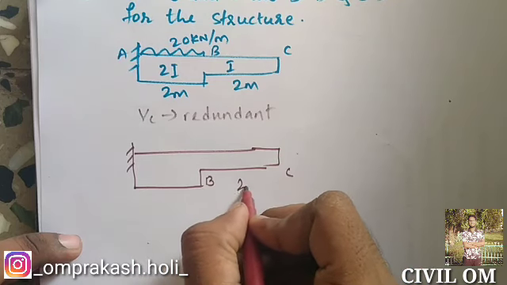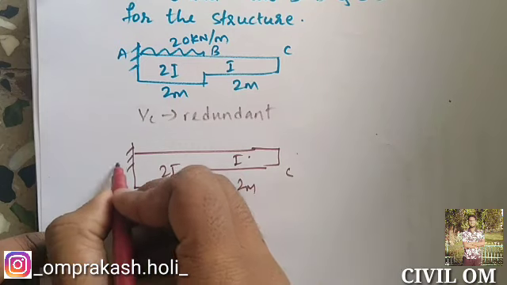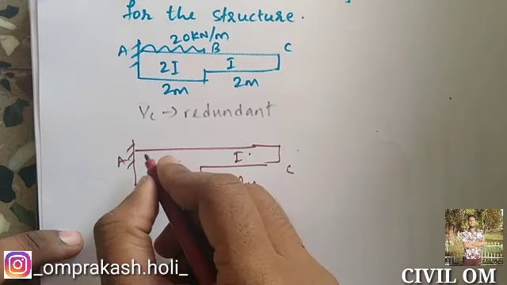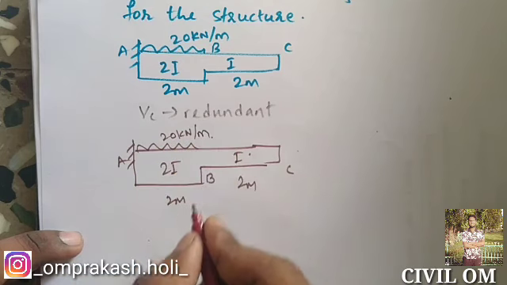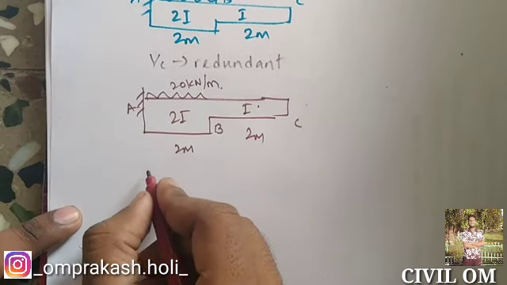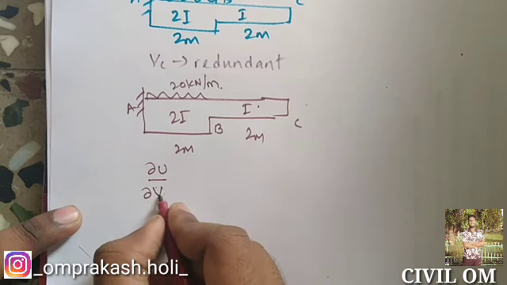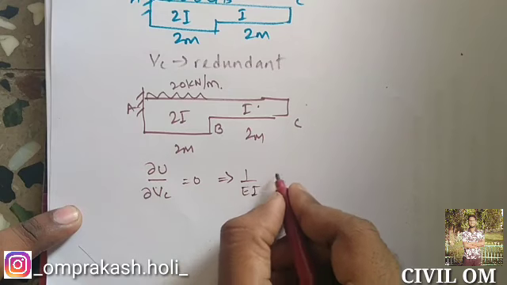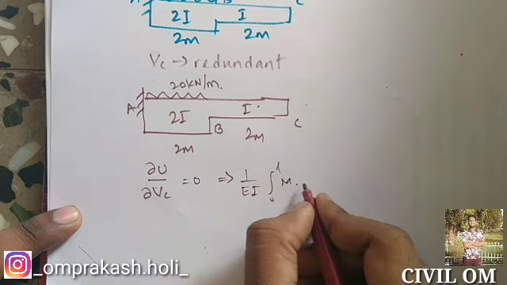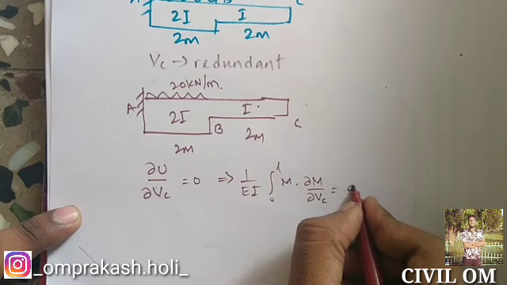B, C, 2 meter, 2I, I, A. So this is 20 kilonewton per meter. Now let us consider Castigliano's second theorem, that is dou U by dou VC is equal to 0, which implies 1 over EI integral 0 to L of M into dou M upon dou VC is equal to 0.